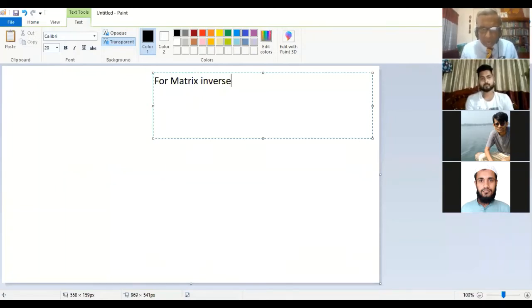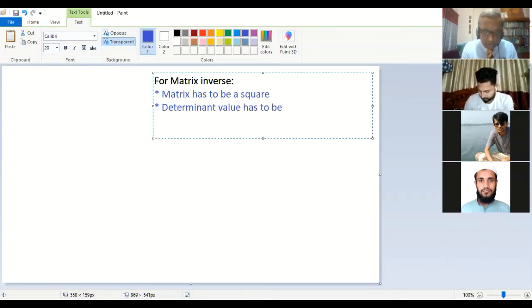If you want to find the inverse of a matrix, then first the matrix has to be a square matrix. And the second condition is that the determinant value has to be non-zero. So these are the two things.